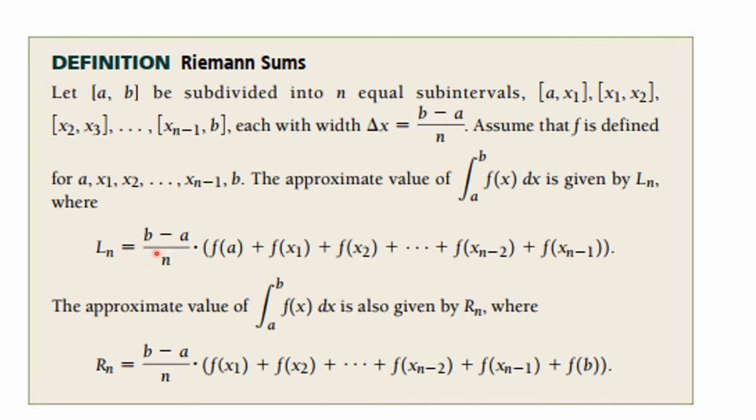The width of the intervals is (b minus a) over n, and so the approximate value using right endpoints is given by R sub n, which is this same value, except we're counting this one to be the first one, and this to be the n-th one, and we're inserting b minus a into that.